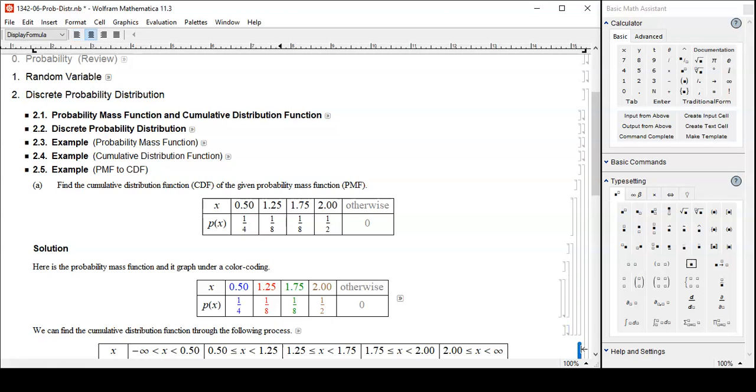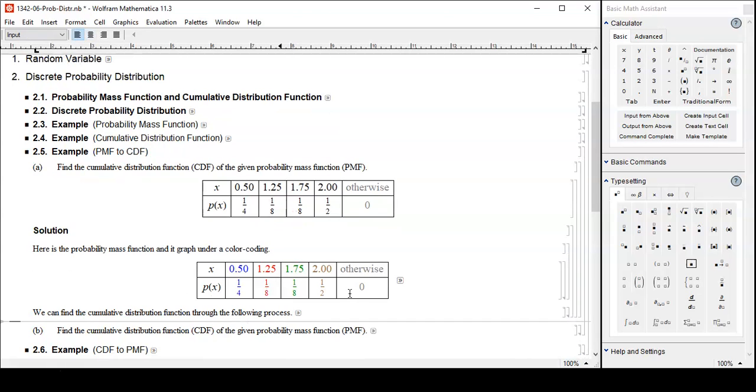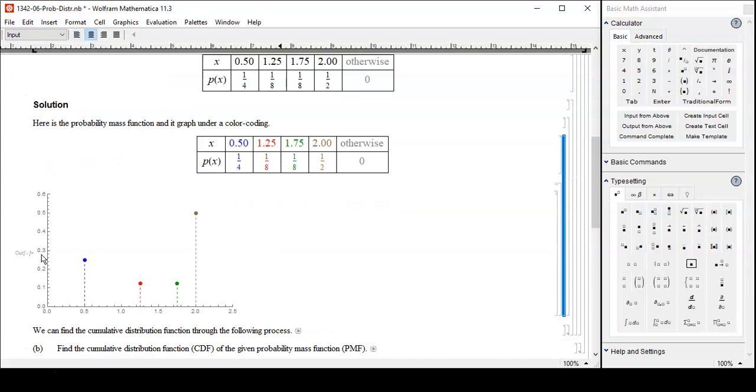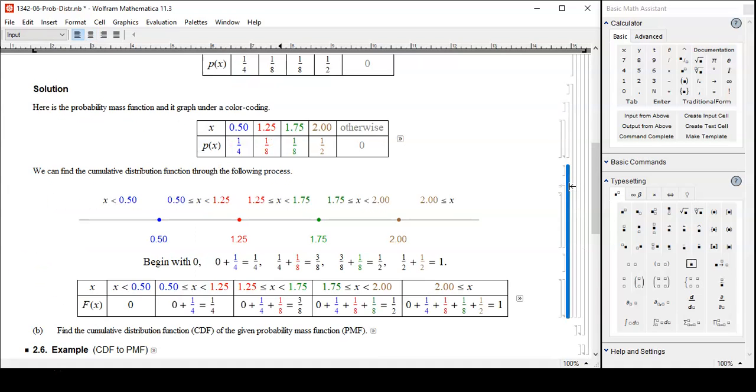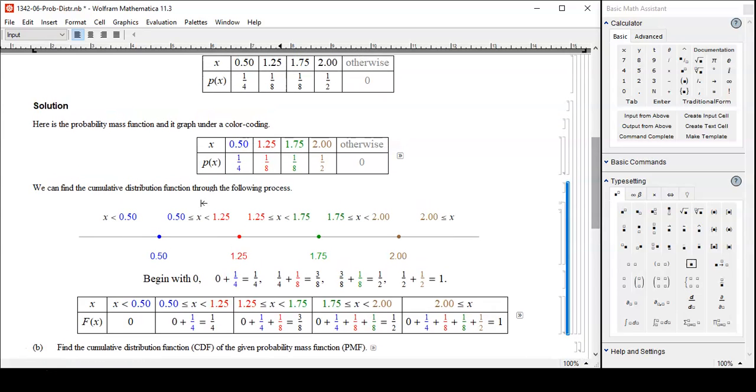Okay, here in the solution, I have appropriate color coding as well. And then here is a graph associated to that. Okay, all right. And then we can find out the cumulative distribution function this way. So 0.5, 1.25, 1.75, 2.0, they are all here in this number line, not up to scale. And these 4 numbers divide the real number line in 5 pieces.